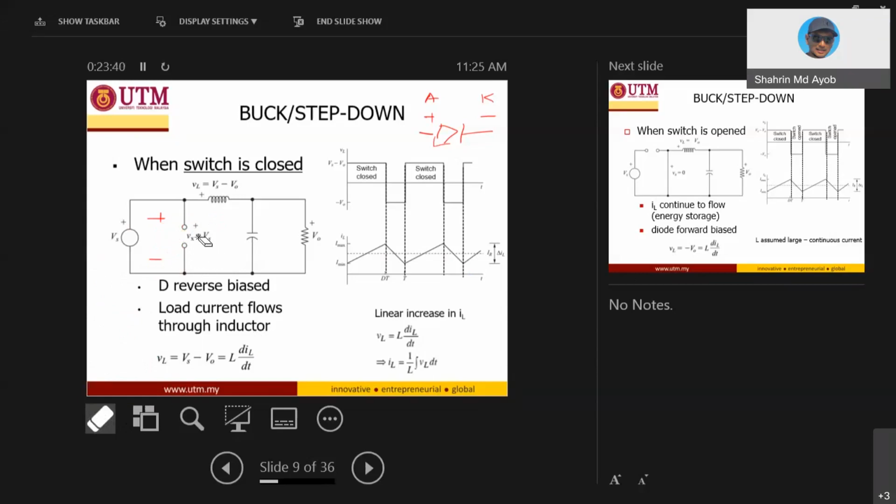And the rating of the diode, when you want to select or buy what rating of the diode, the rating of the diode should be equal to your voltage supply.